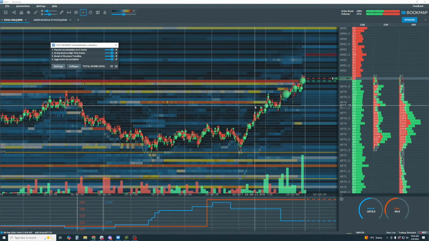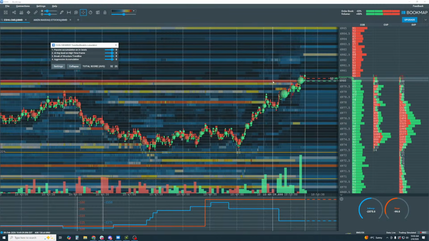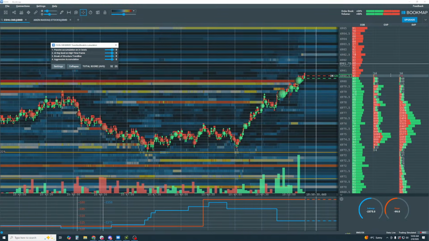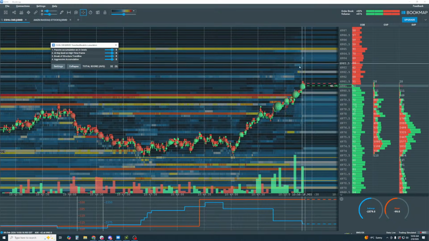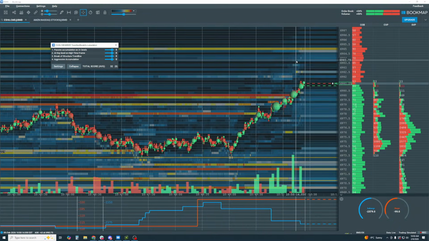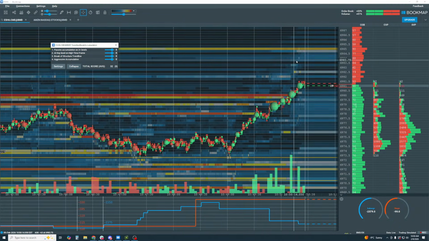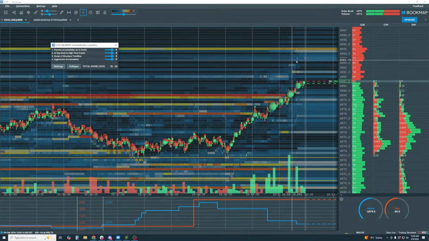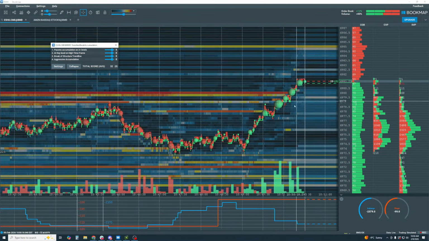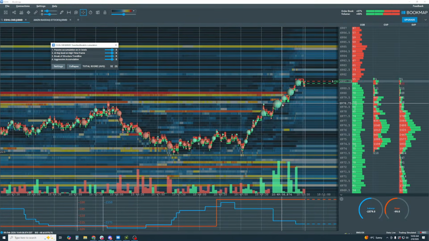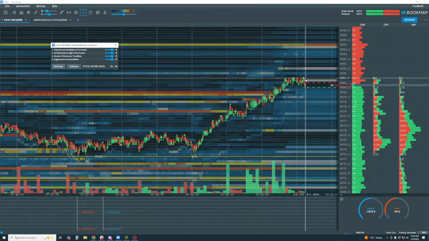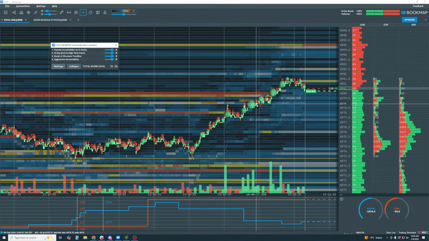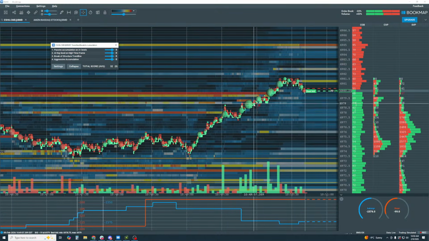All right, now more buyers up into high liquidity here, back to the highs of the day. There's a lot of buying. Let's see if we can get a pullback to here, right where this impulse move started.